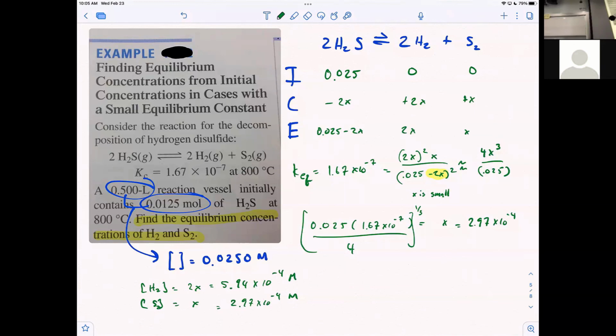I'm pointed towards the minus 0.2x right here. So with this problem, we're making an approximation. We're saying that this bottom number right here is approximately equal to 0.25. So that's the stretch there.